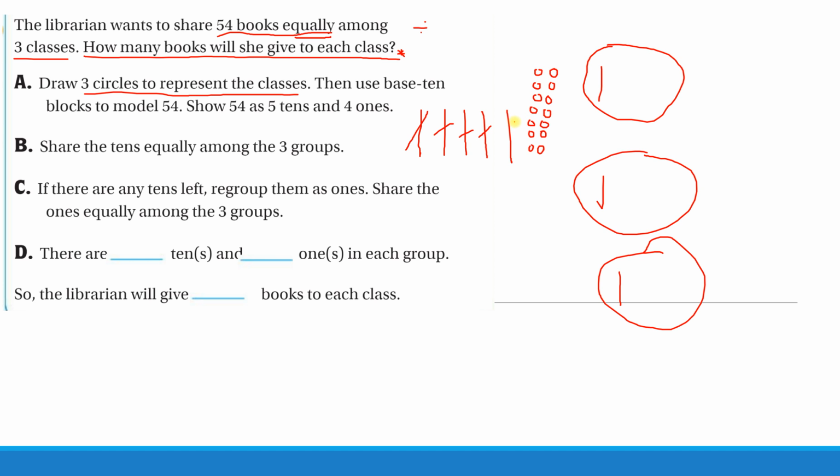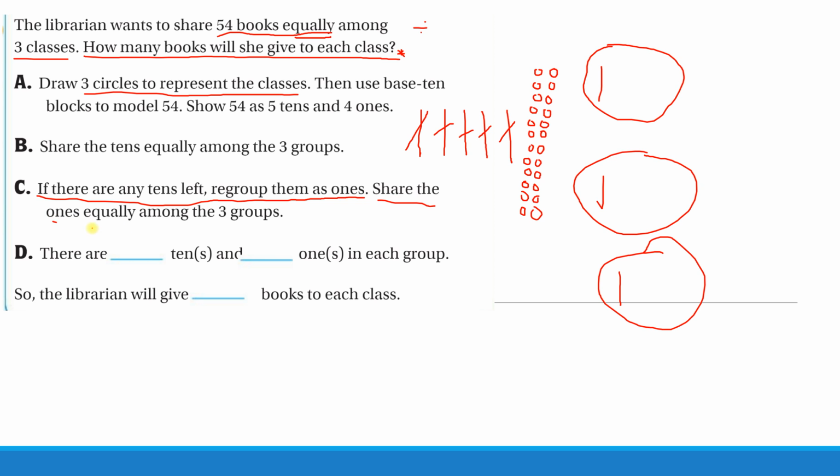And I'm going to break this long apart, which is another 10. 1, 2, 3, 4, 5, 6, 7, 8, 9, 10. If there are any 10s left, regroup them as 1s. That's what we just did. We took those 2 10s that were left over and we regrouped them, turned them into 1s. We basically broke them apart into individual 1s.